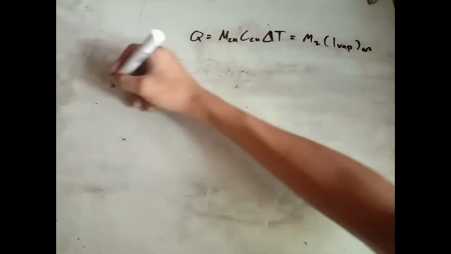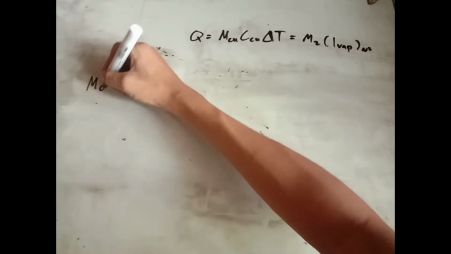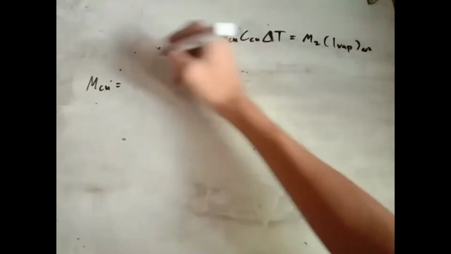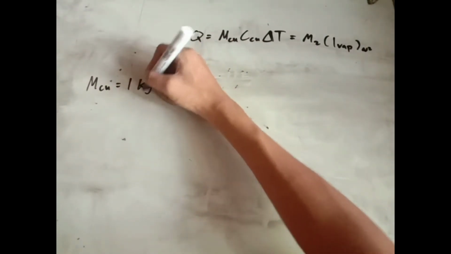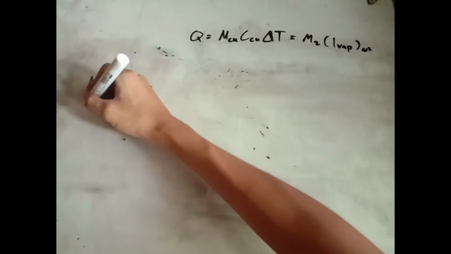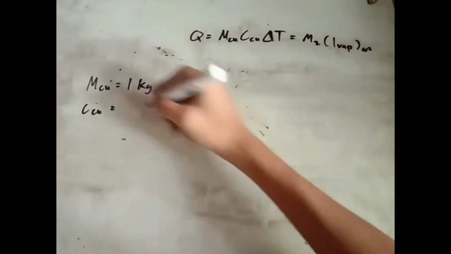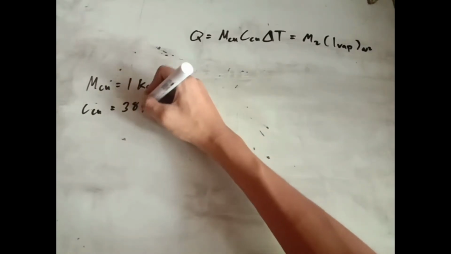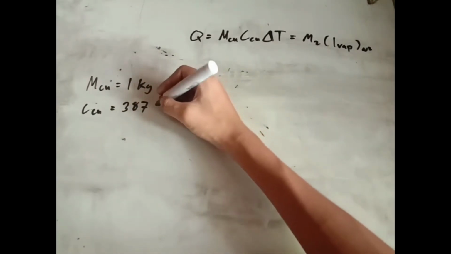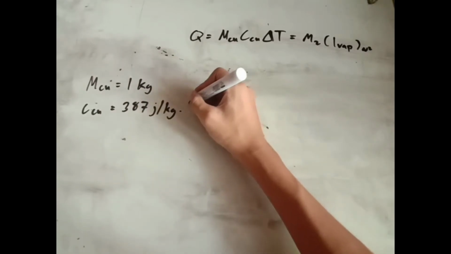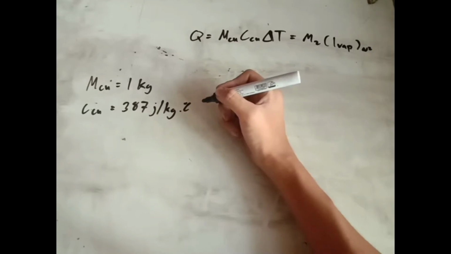First, we need to identify the value of each variable in the equation. M of Cu, the mass of copper, is 1.00 kilogram. C of Cu, the specific heat capacity of copper, is 0.0920 calories per gram degree Celsius, or if we convert this to joules per kilogram degree Celsius, we will have 387 joules per kilogram degree Celsius.